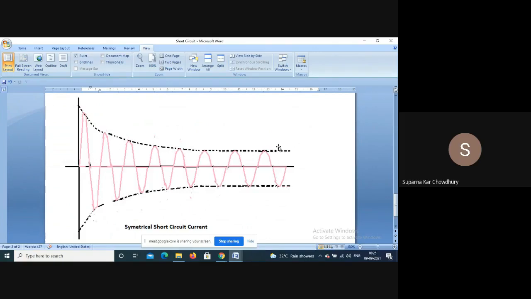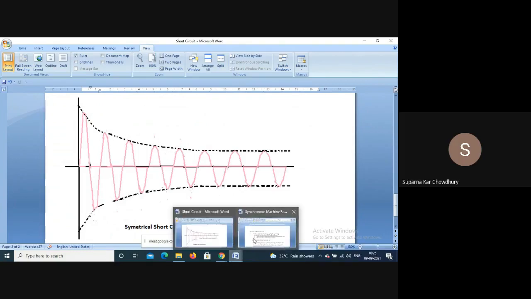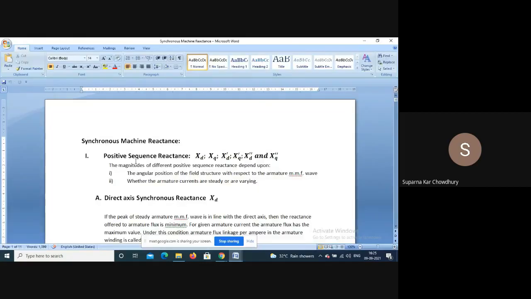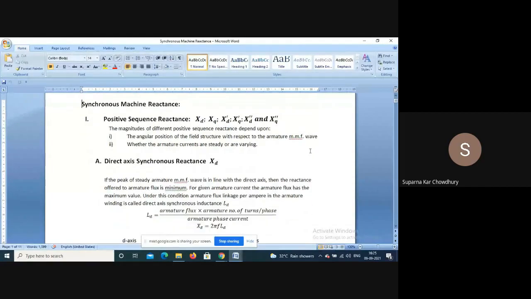So the steady state synchronous impedance that we defined is not sufficient to explain the behavior of the machine in the subtransient and transient region. So we require different synchronous machine reactances. What reactances do we define?